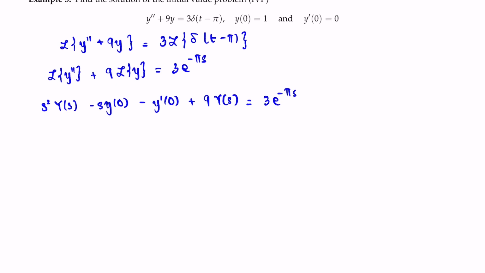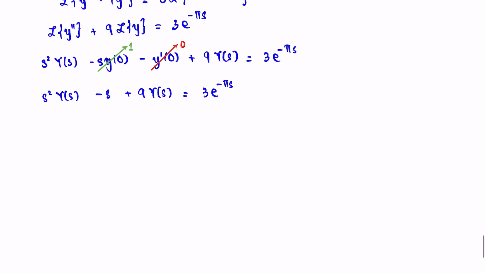So y of 0 is equal to 1 and y prime of 0 is equal to 0. So you have s squared times capital Y of s minus s plus 9 times capital Y of s equal to 3 times e to the negative pi s.